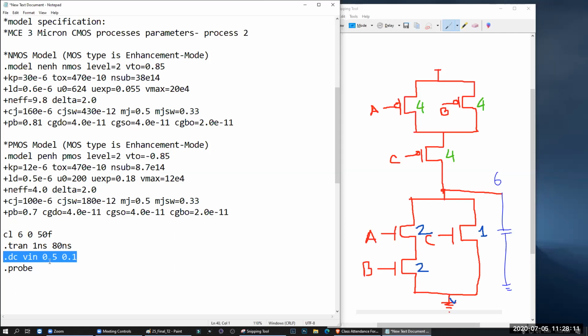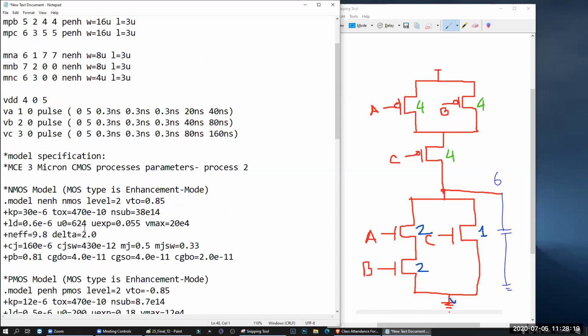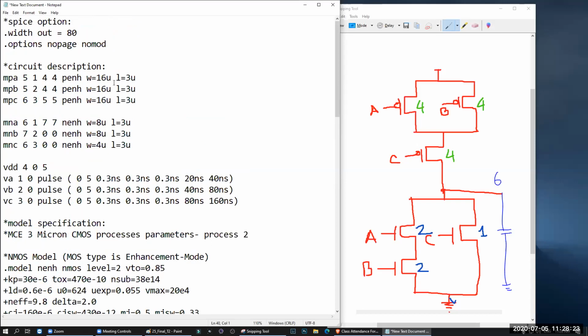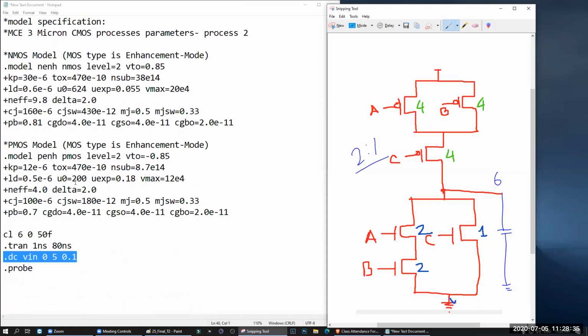Why? Because the purpose of DC analysis is done. What was the purpose of DC analysis? To find out if we use this material, it would be 3:1. Remember, this is not 3:1. This calculation, this math we have done using 2:1, right? Yes. So this math will not work, but still you can understand, right?